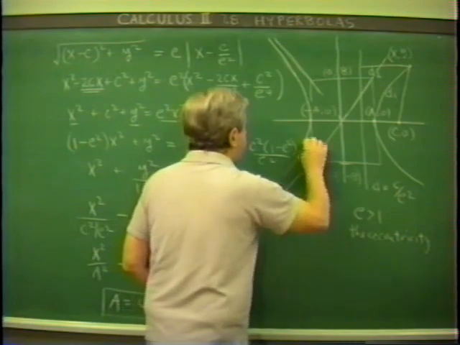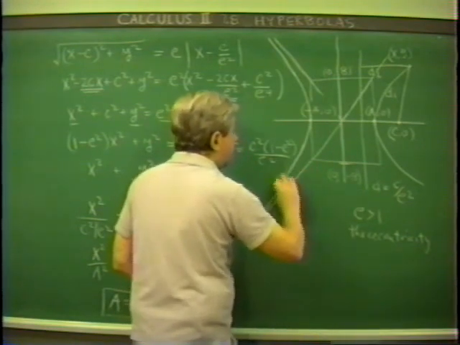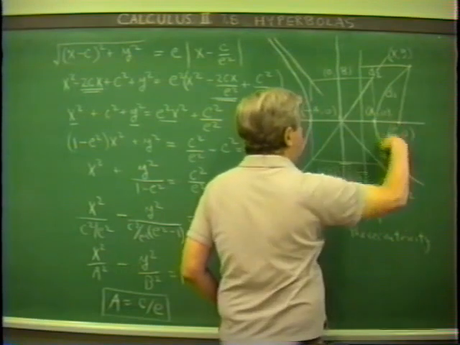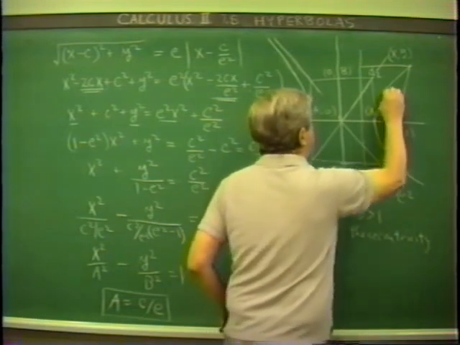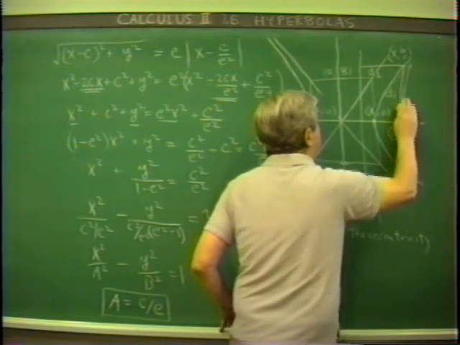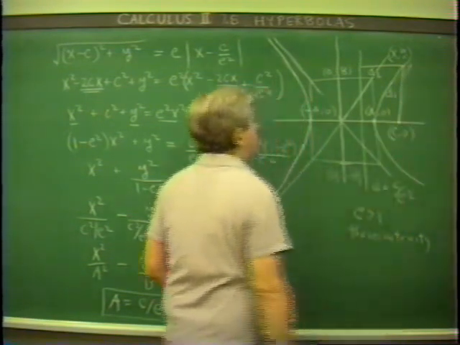That's to say, this hyperbola really doesn't quite look like that. It looks more like this. It gets closer and closer to these lines right here. And this is a very good aid for drawing it. Similarly over on this side right here, it gets close to these two lines. So more like that perhaps.